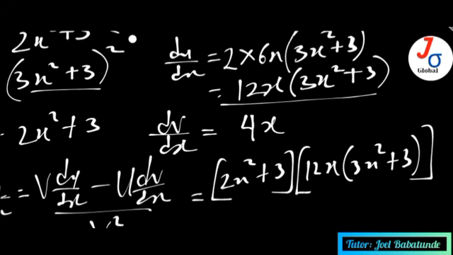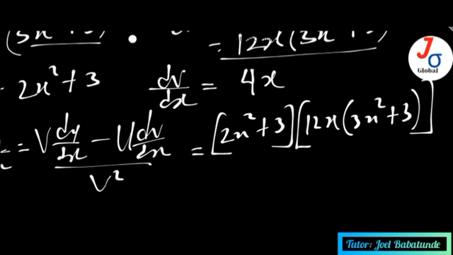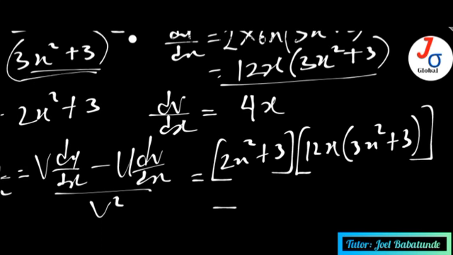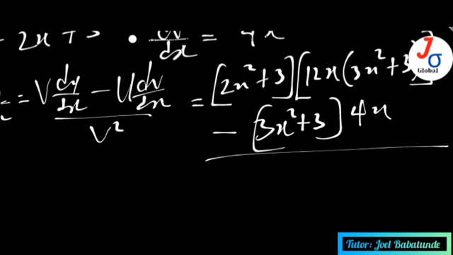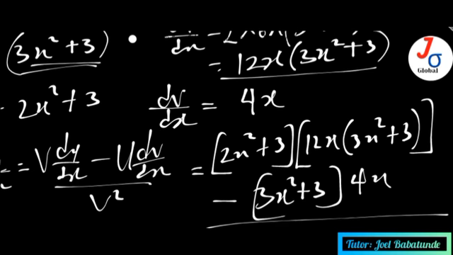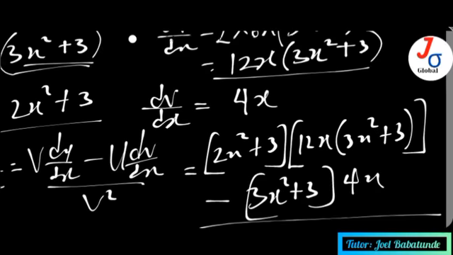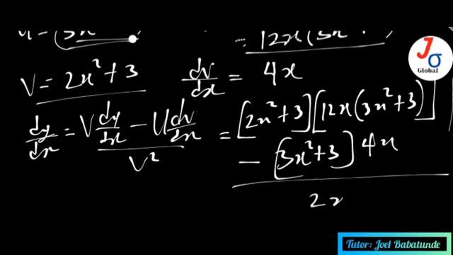Then minus, what's my u? My u is this, 3x squared plus 3. Then what's my dv/dx? It's 4x. Then over, what's my v? This is my v, 2x squared plus 3.